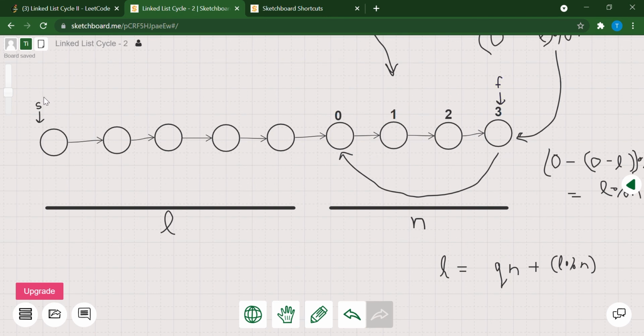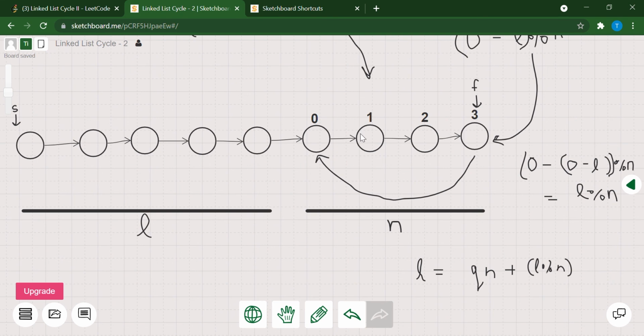And S would have moved these L nodes and come to this start. In the same time, F would have moved the amount that it has to move, L mod n, which is also mentioned here, and reach the start. So both of them would collide, and the place that they would be colliding at would actually be the start of the cycle.